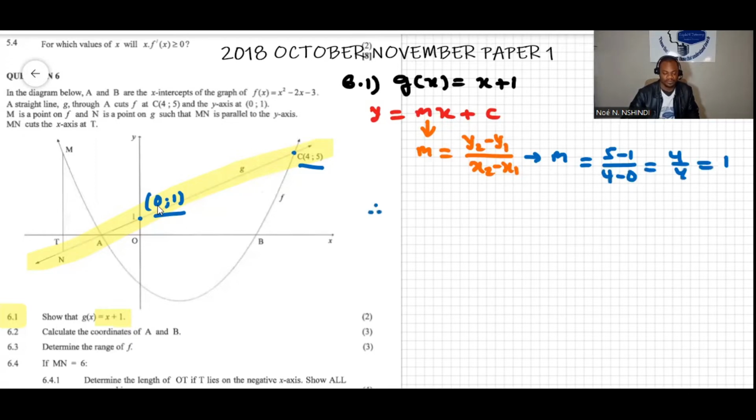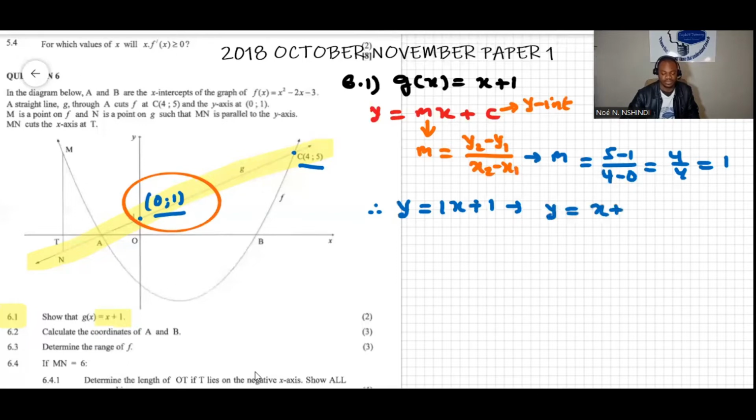Therefore, y equal to 1x, and then what is the value of c? c here stands for the y-intercept, and the point that we see here is the y-intercept. So we can just say 1x plus 1, or just y equal to x plus 1.